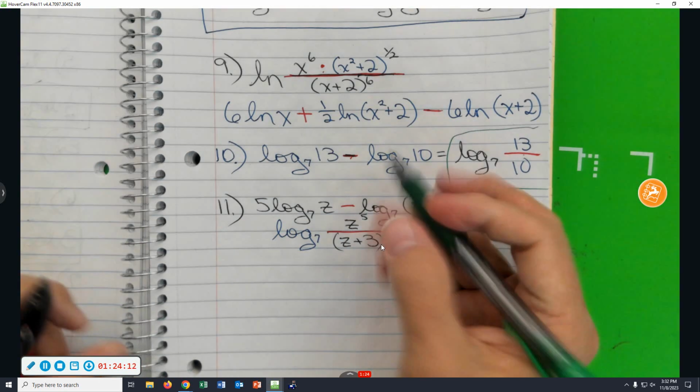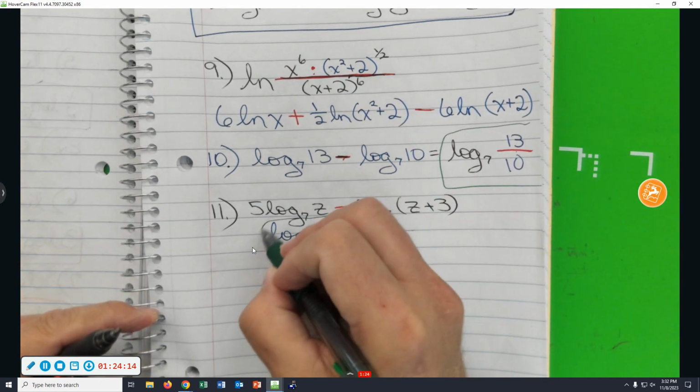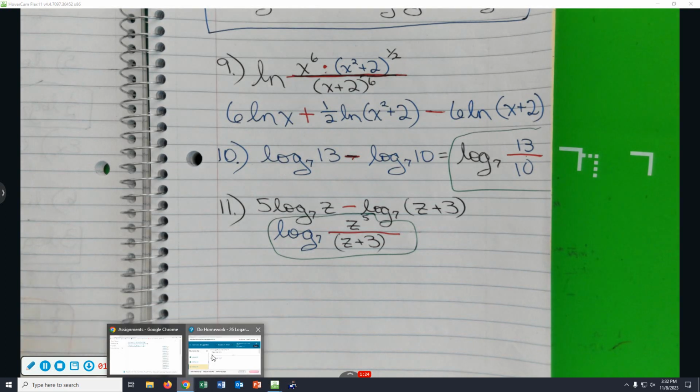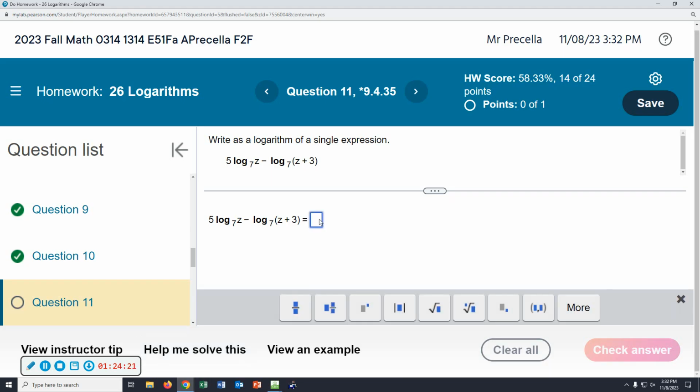I've got to box this in. That tells me I'm through with the problem. So it's log base 7. Log, subscript 7, get out of the subscript, right arrow, fraction bar.